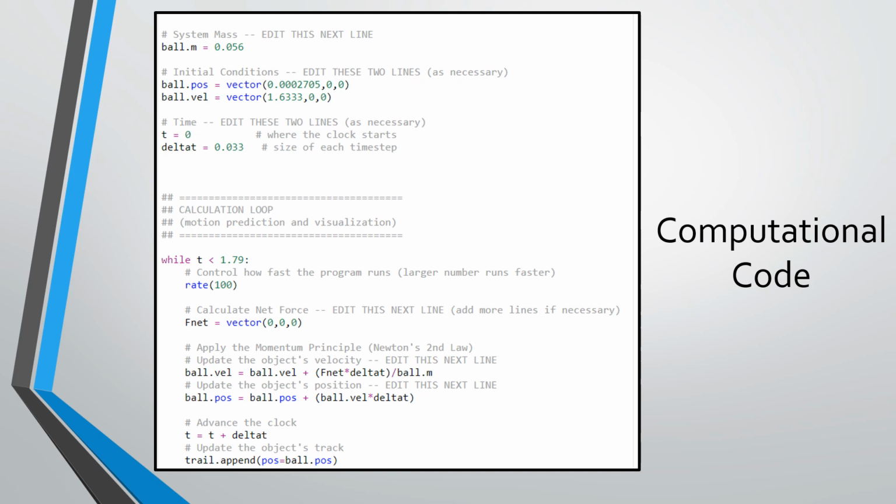So for this, the mass would be negligible in this case, but I was able to calculate that. For the position, I saw the initial position using the Tracker, and then for the initial velocity, I calculated it by getting the second position and subtracting it by the initial position, and then dividing it by the change in time, and then the change in time would be equal to 30 frames per second, and then when you divide that, it will give you 0.033 seconds.